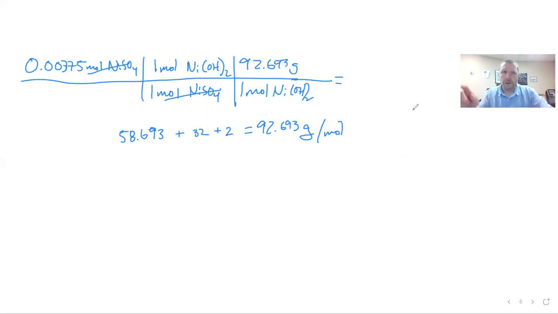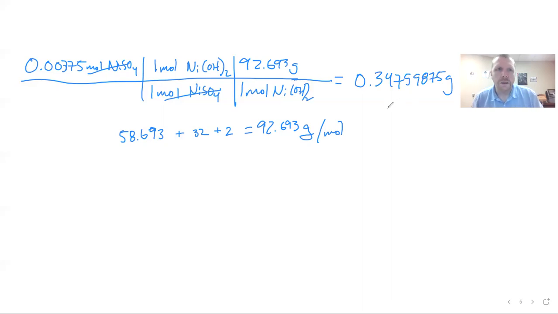Now remember, you multiply across the top and divide by the bottom. 0.00375 times 92.693 divided by 1 is 0.34759875 grams of nickel hydroxide.